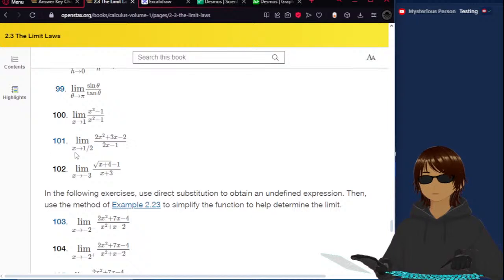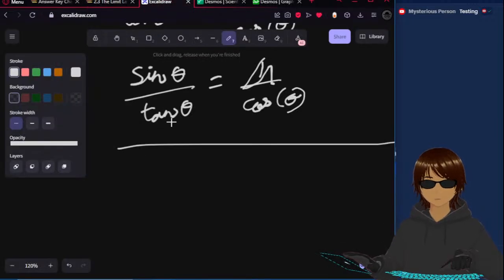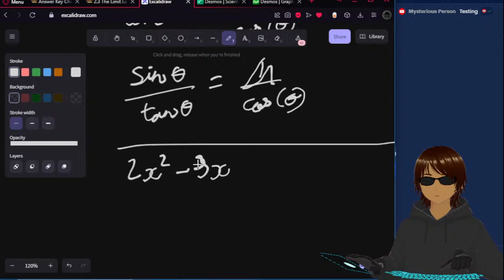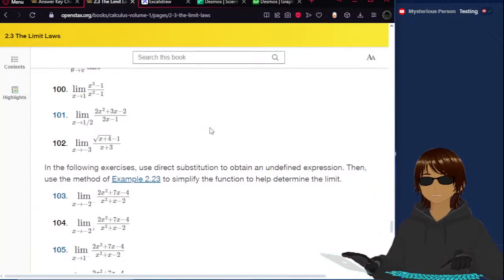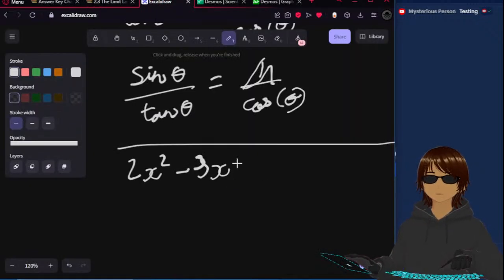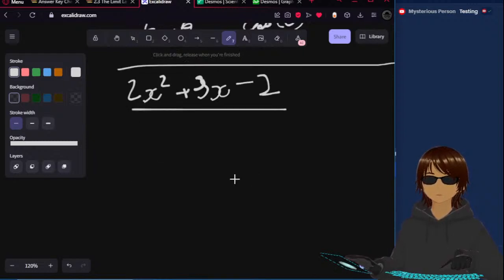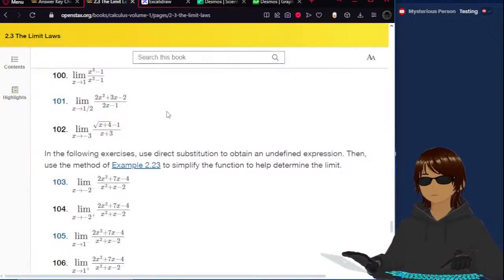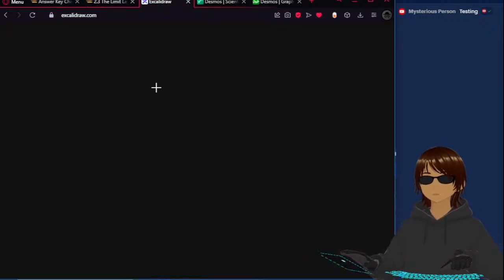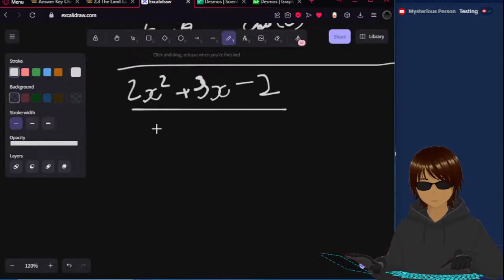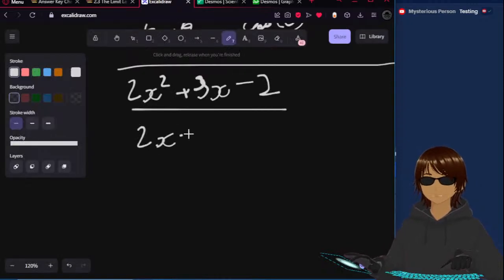2x squared plus 3x minus 2 and then 2x minus 1. 2x squared plus 3x minus 2. 2x minus 1.